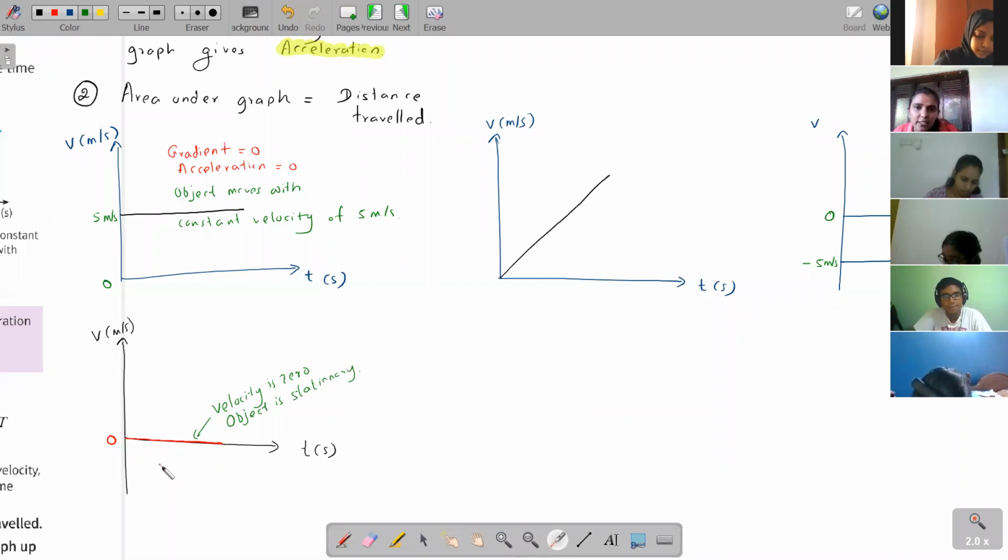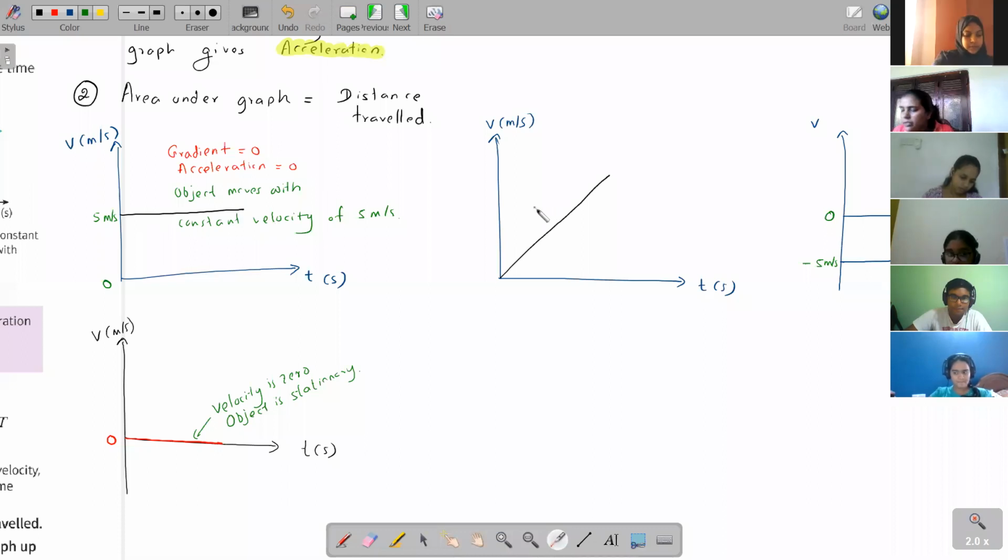Nowhere else can you show a stationary object. Anywhere else, a constant horizontal flat line means it's maintaining constant velocity. So this is a graph of constant velocity.